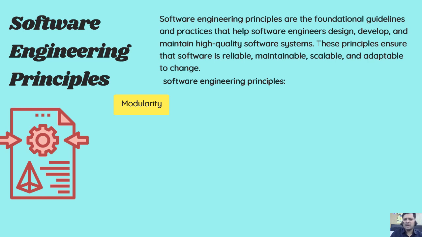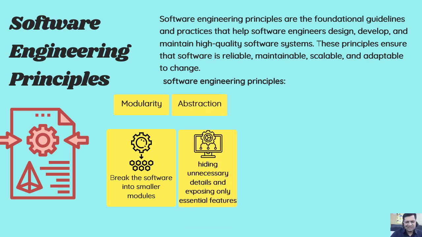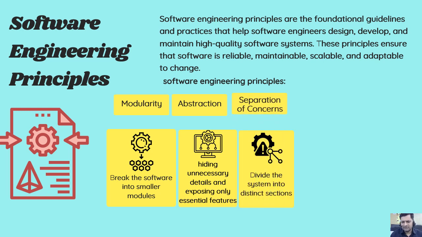Number one is modularity. Modularity means to break the software into smaller modules. Abstraction: hiding the non-essential features and showing only the essential features is abstraction. Separation of concerns means we divide the system into distinct sections so that tasks will be completed in a proper manner and proper time.